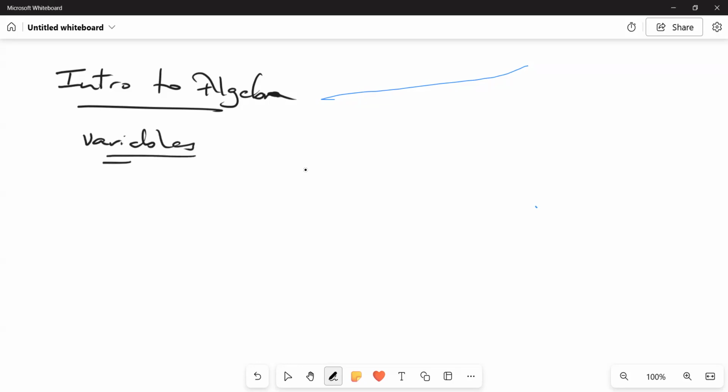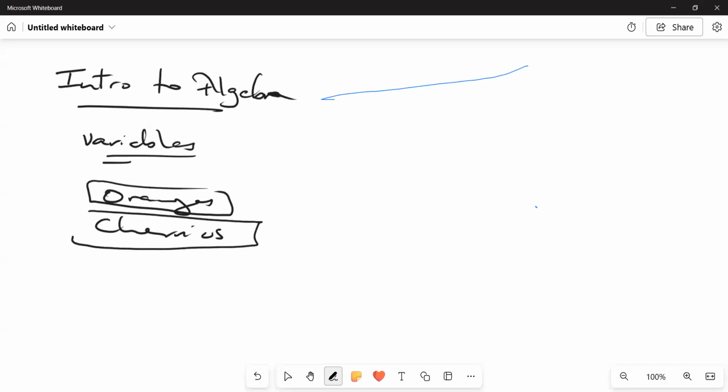So let's say you're dealing with oranges and cherries, right? Now, we don't want to do mathematics with these whole words inside, do we? So what we want to do is reduce this matter of oranges to simply a letter. And same thing with cherries, right?